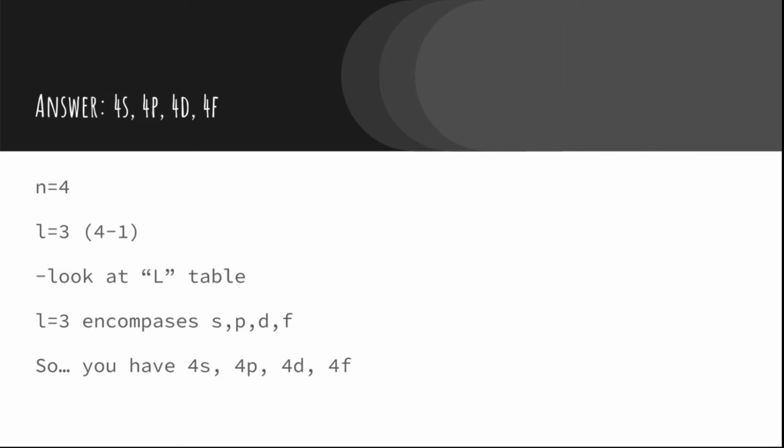We know that n equals 4, so L equals 3 because it's 4 minus 1 from the expression we got earlier in the slide. Looking at our L table, since L equals 3, this encompasses the S, P, D, and F subshells, so it encompasses all the ones above as well. So you have 4s, 4p, 4d, and 4f.